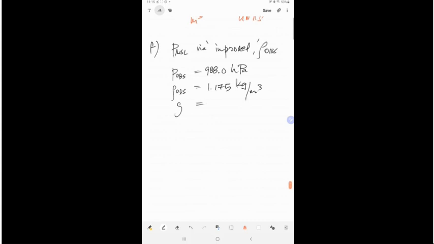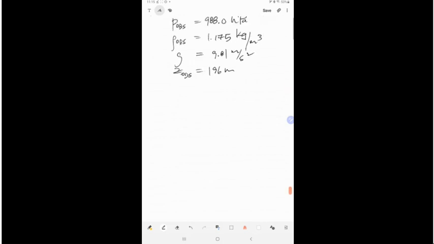Little g, the acceleration due to gravity, is the same as it was before, 9.81 meters per second squared, and our height of observation is of course also the same. It's our 196 meters here.